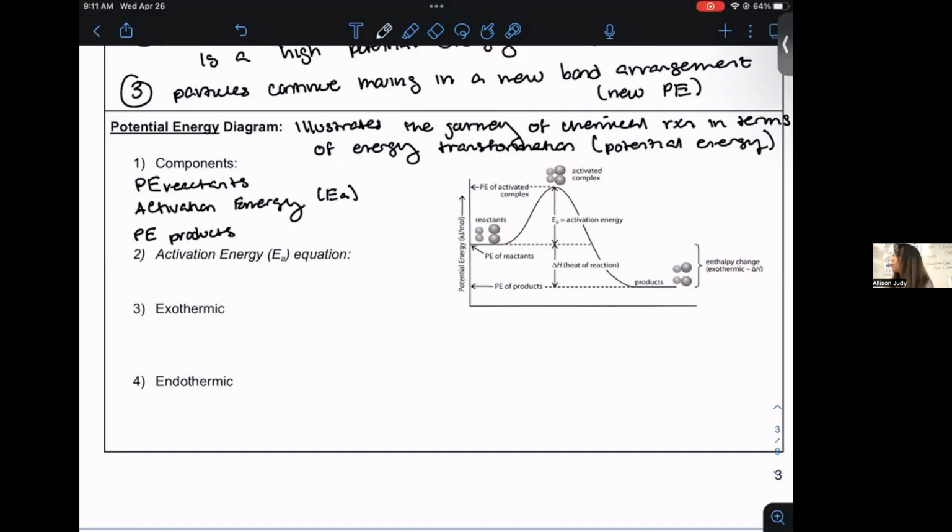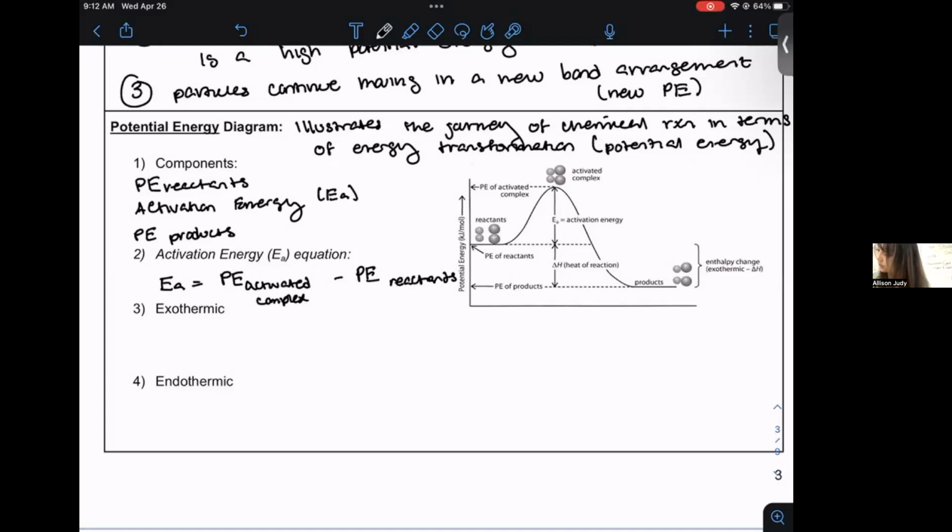So don't forget, activation energy is the difference between where you start and where you have to go, the highest point. What that translates to on this graph, how would we write the equation to solve for it? The activation energy equals the potential energy of the activated complex, the highest hill, minus the potential energy of the reactants, the distance I have to climb up.